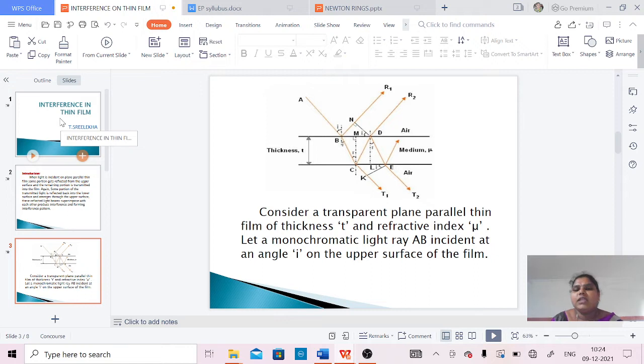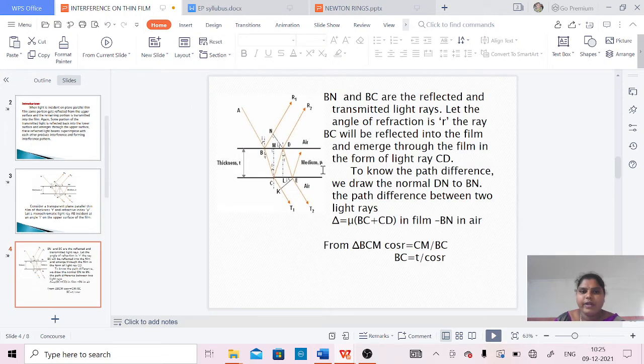So here the thickness of the film which we are considering is t and the refractive index is mu. Now a monochromatic light ray AB is incident at an angle i on the upper surface of the film. It is a monochromatic source, and the incident ray is AB.